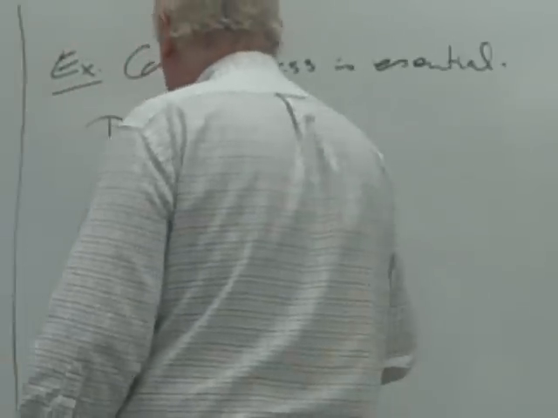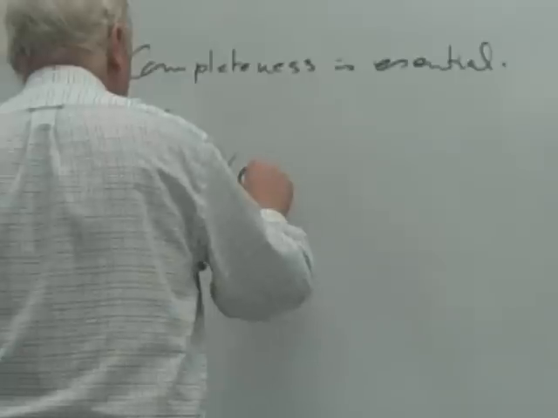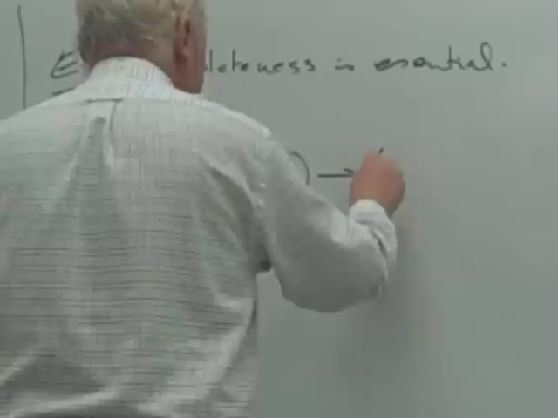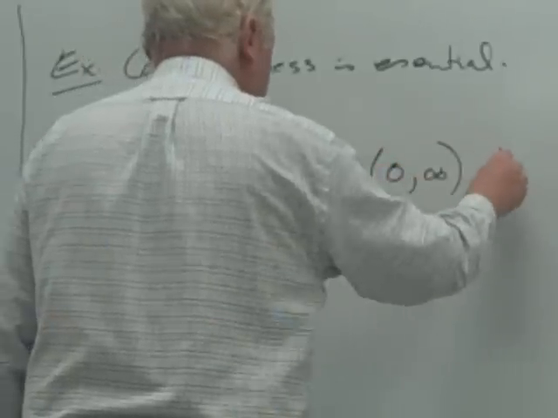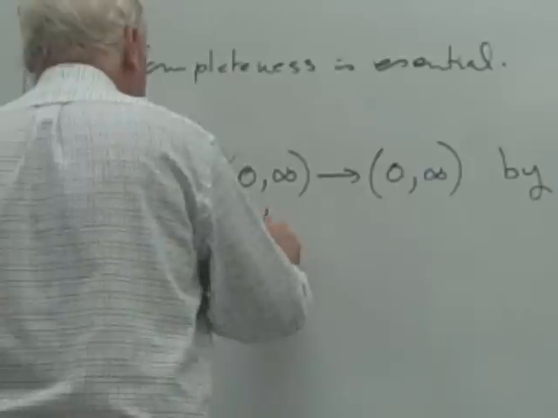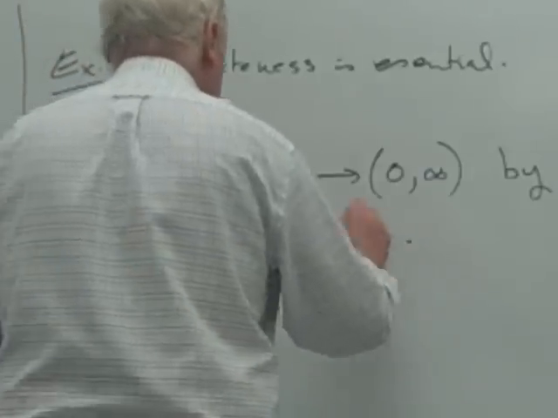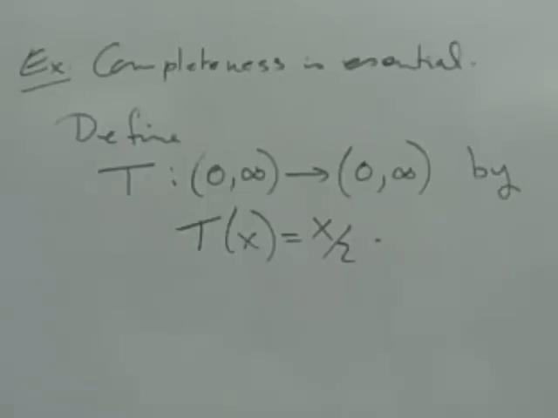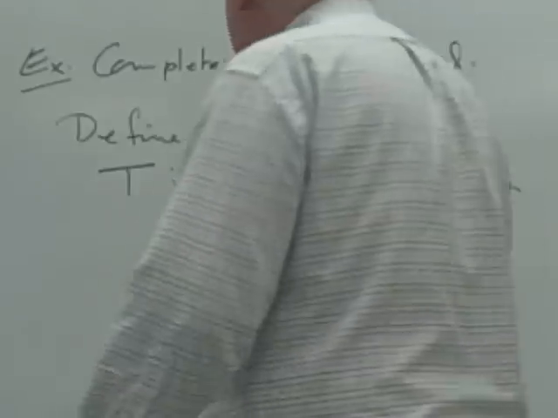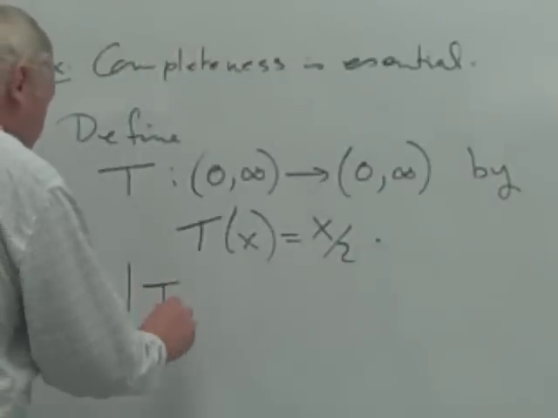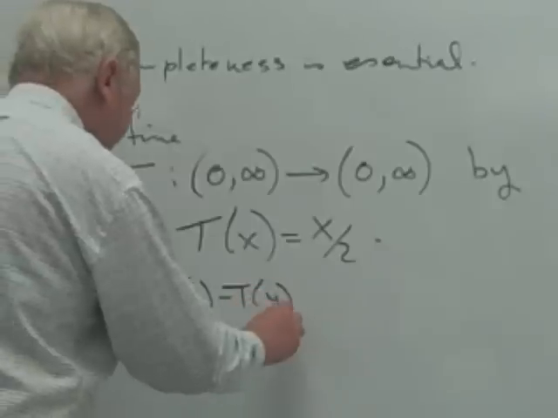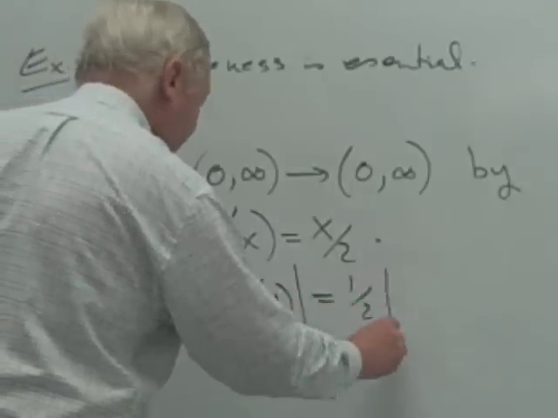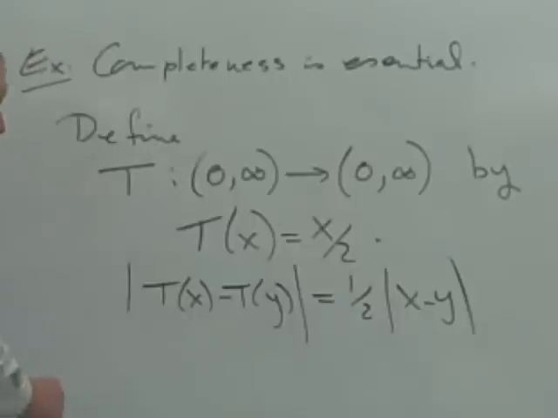Define T from 0 to infinity, the open interval, to 0 to infinity by T of x is equal to x over 2. Then the absolute value of T of x minus T of y is 1/2 the absolute value of x minus y. So this is a contraction with c equals 1/2. I've mentioned this example before.